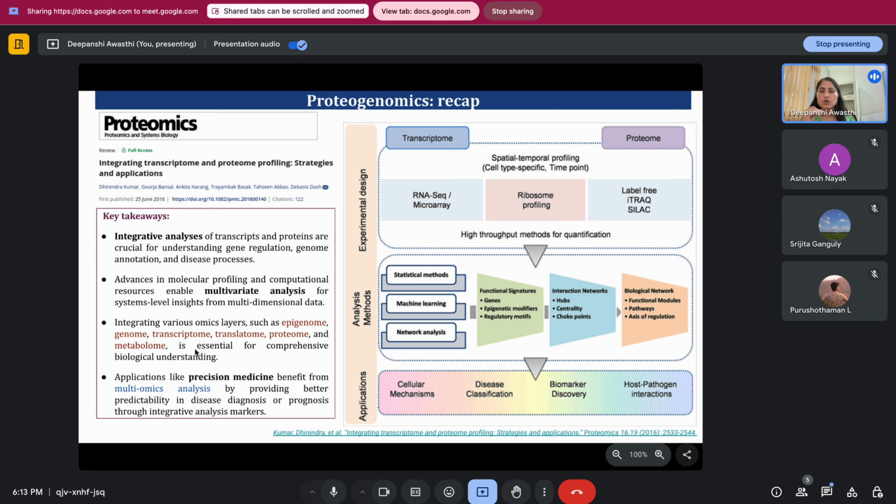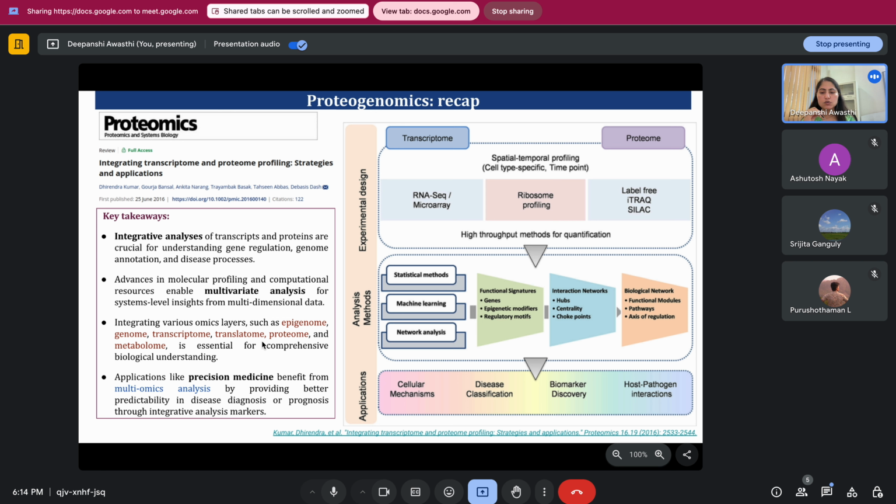And this will also help us combine epigenome, genome, transcriptome, translatome, proteome and metabolome to generate a comprehensive understanding of biological systems. We'll discuss the epigenome because this is related to week 2. Genome is already discussed, and transcriptome you already know is the RNA present in the cell.